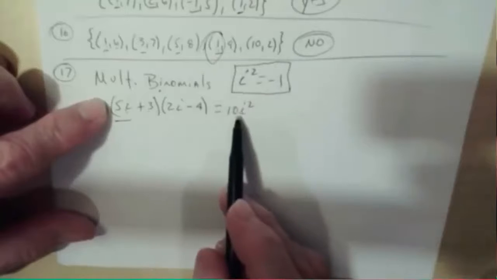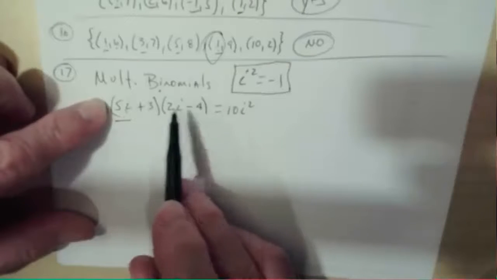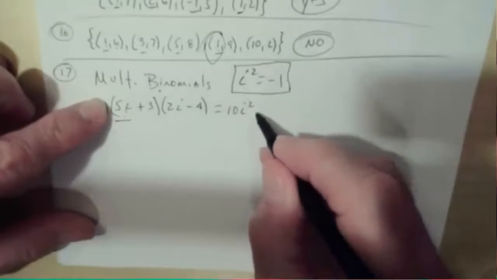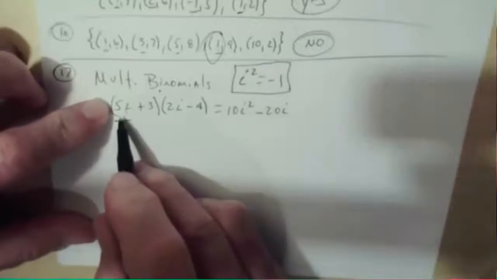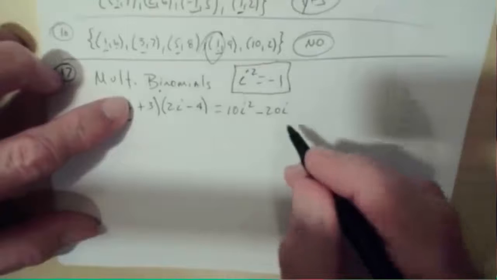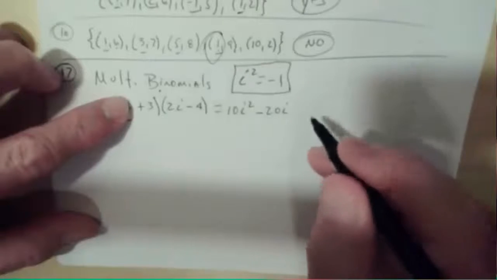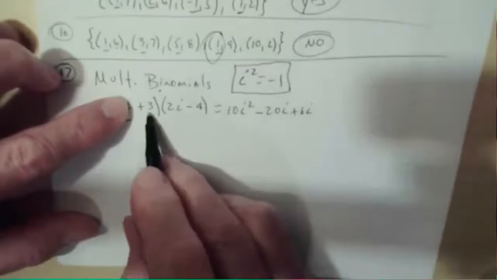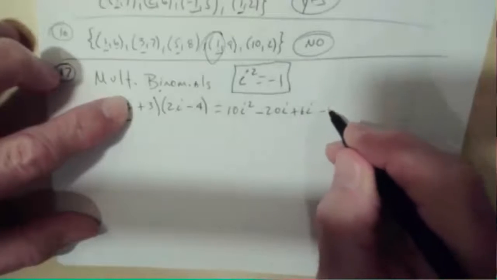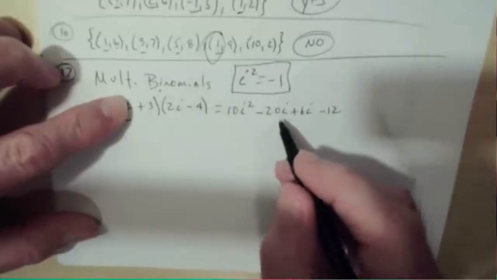Because i times i is i squared. Our 5i times -4 is -20i. Okay, now we finish with that one. Now we do the 3. 3 times 2i is positive 6i. 3 times -4 is -12.